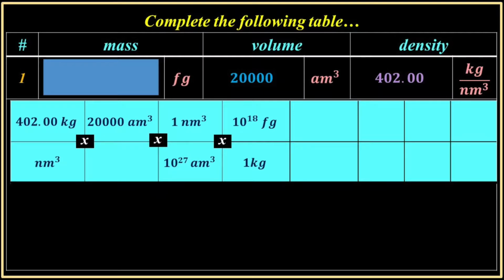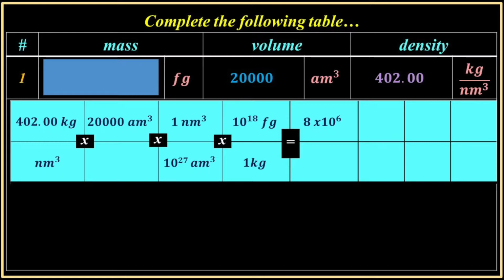And now I divide by kilograms, and I go to femtograms. I have kilo is 3, and femto is 15, so that's where the 10 to the 18th comes from. So now I want to put in an equal sign, and I have 402 times 20,000 is 8 times 10 to the 6th.